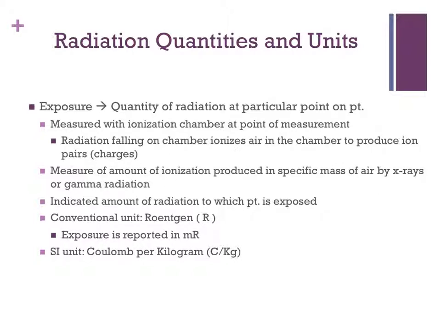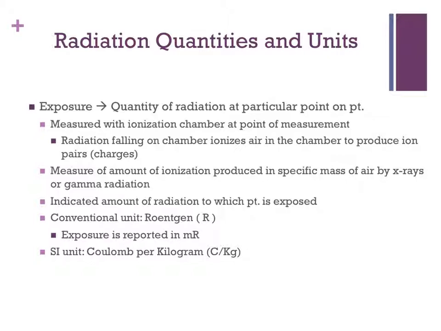To start out with exposure, this is the radiation quantity, so the quantity of radiation at a particular point on the patient. An easy way to measure it is with an ionization chamber positioned at the point of the measurement. Radiation falling on the ionization chamber ionizes the air in the chamber to produce ion pairs, or charges.